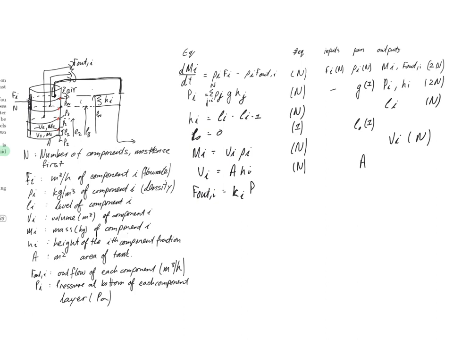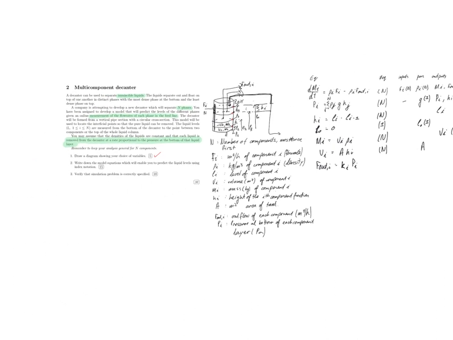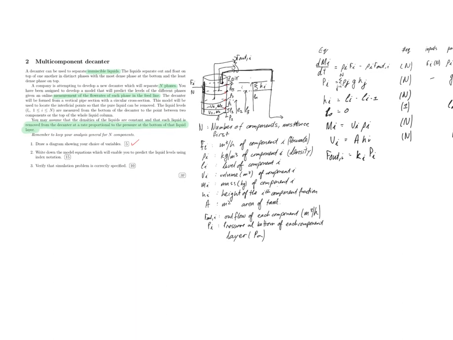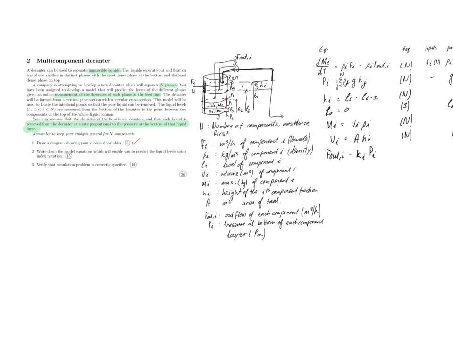We've already got that pressure at the bottom, so that's going to be satisfying this. Each liquid is removed from the decanter at a rate proportional to the pressure. So this here is tracking this. Okay, so we've got a mass balance, we've got a way to calculate the pressure, we've got the level, the relationship of these measured levels to the actual height of the component itself. We've got the mass density relationship, we've got geometry, and we've got the outflow relationship. So I think we're basically done.